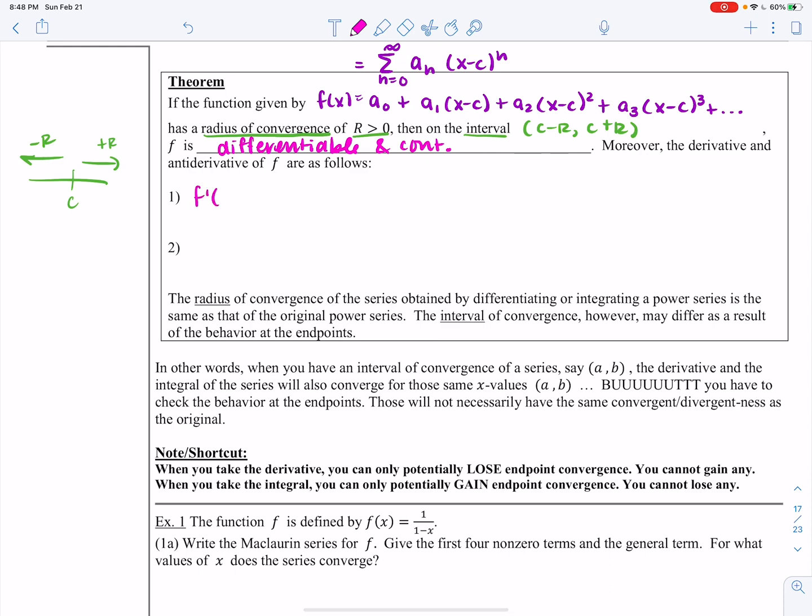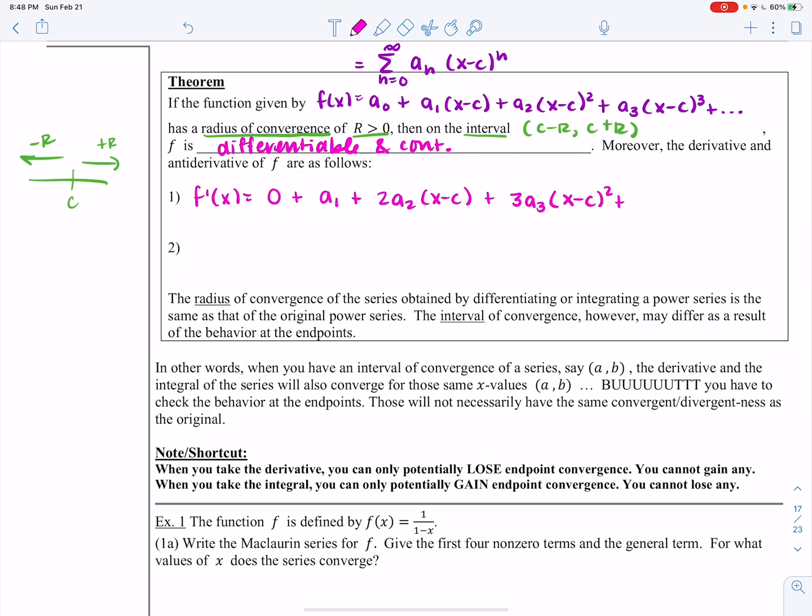I could take the derivative of this thing. So what's the derivative of a0? It's a constant, so 0. What's the derivative of a1 times x minus c? Just a1. What's the derivative of a2 times x minus c squared? 2 a2 x minus c. And I'm just going term by term. 3 a3 x minus c squared.